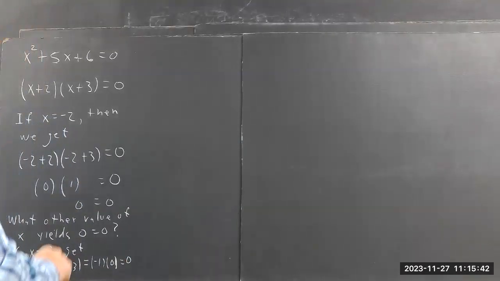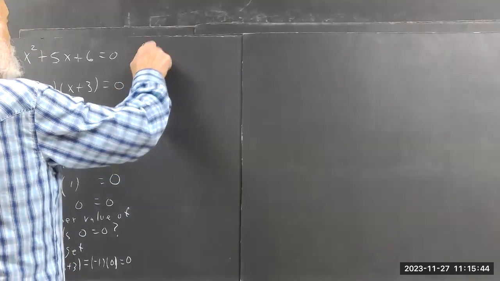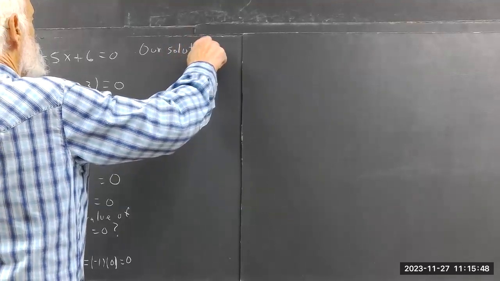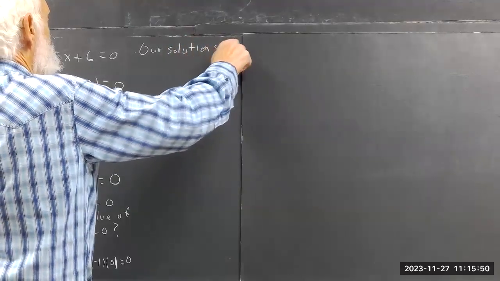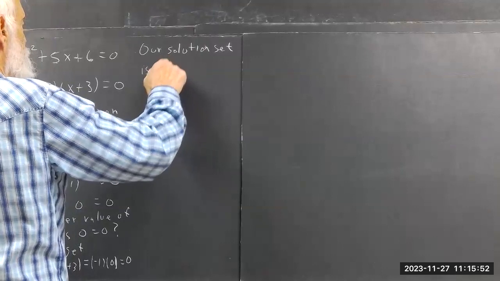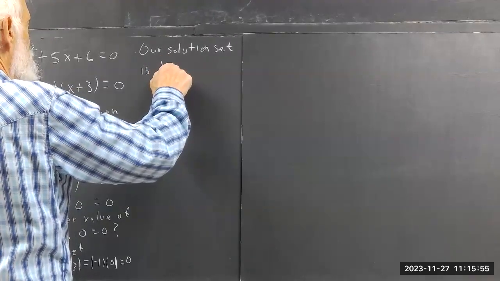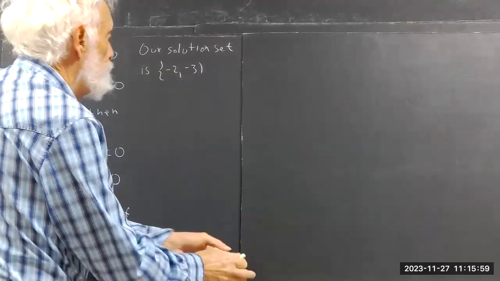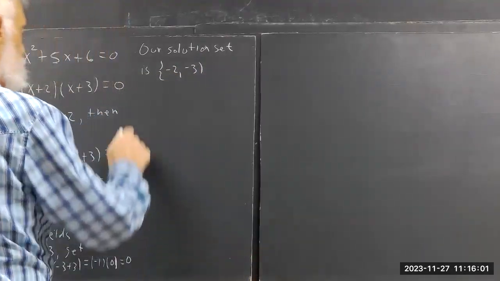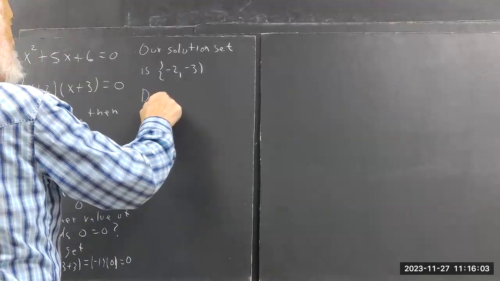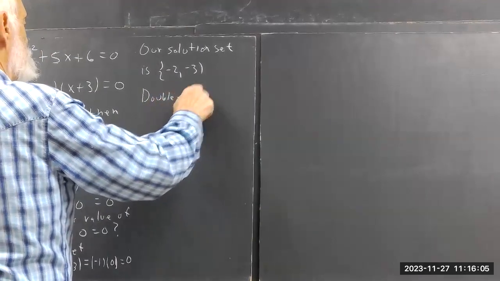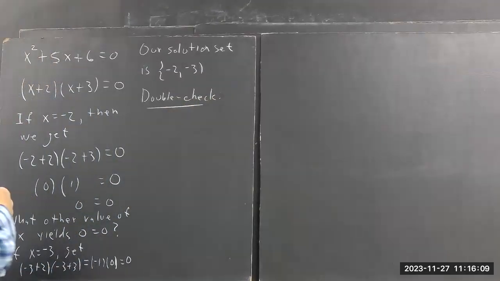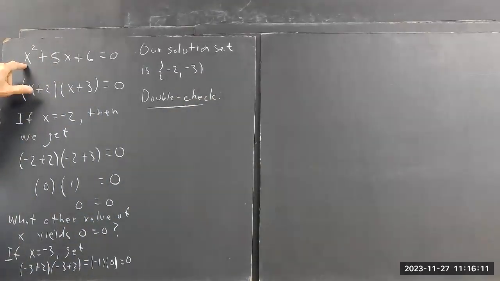Okay, so our solutions. And I'm going to call this a solution set. It's a set of numbers, -2, -3. Just to double check, go back to the original expression.